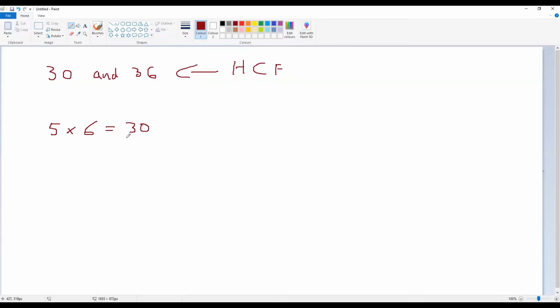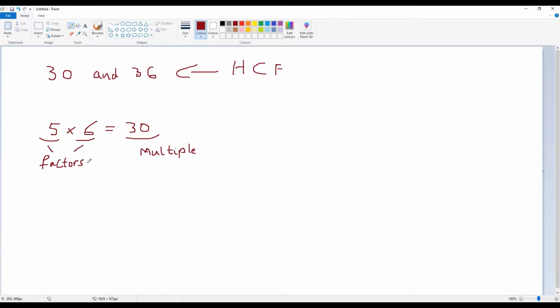So 30 here is called a multiple, right? So 30 is a multiple of 5 and 6. And 5 and 6 are factors of 30.